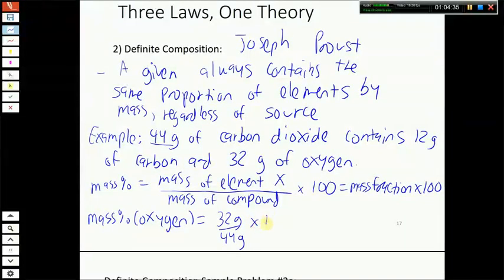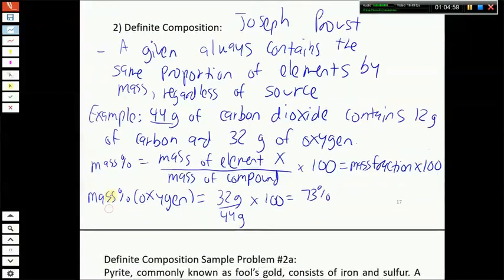We multiply by 100. And so we get 73% by mass oxygen in carbon dioxide. And that's a more convenient number to use because no matter how much carbon dioxide you have, you're going to have 73% oxygen by mass. And you can scale that to any amount of CO2 you have. We'll see later on how we use this as sort of a conversion factor. And then finally, if we want to do the other element, which is carbon.